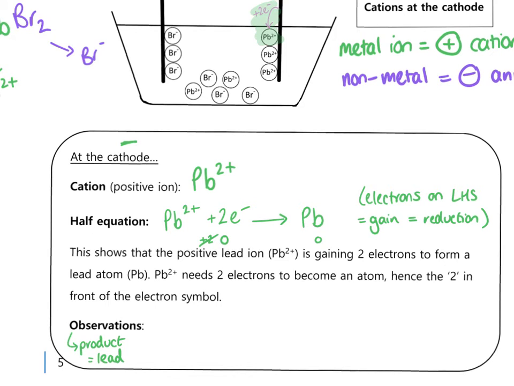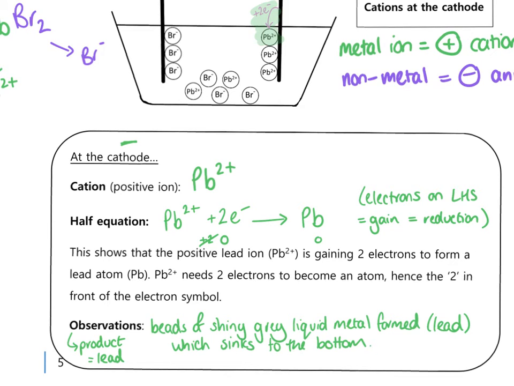So with electrolysis of an ionic compound, the observation at the cathode is always the same. You always see a bead of a shiny grey liquid metal, which sinks to the bottom. It sinks to the bottom because it's more dense than the electrolyte liquid, and it's a liquid because of the high temperatures used.